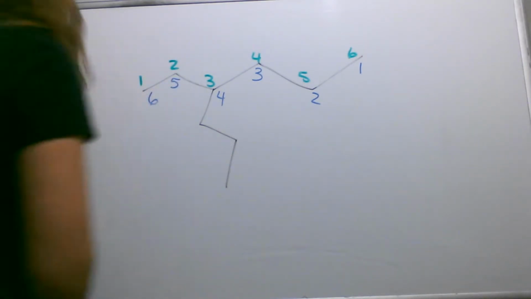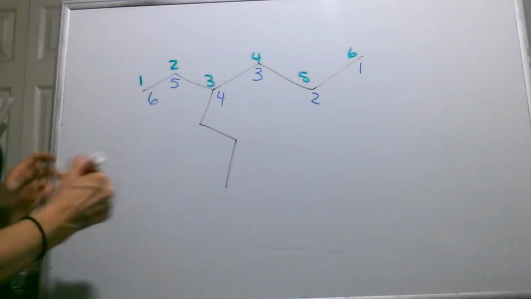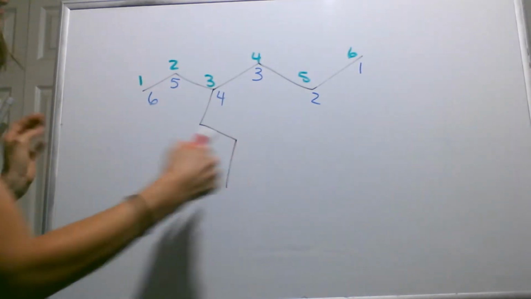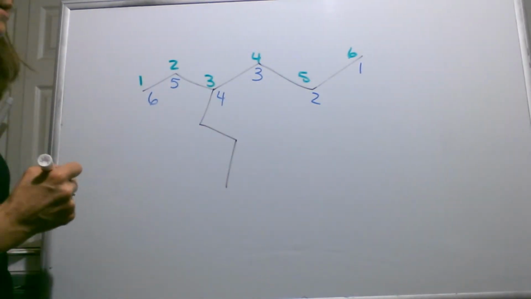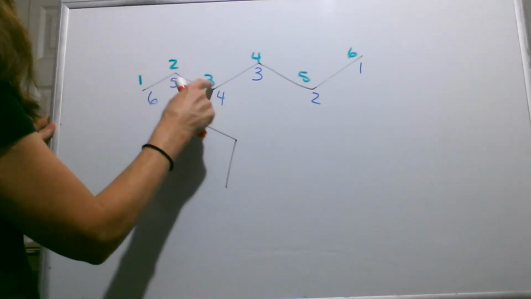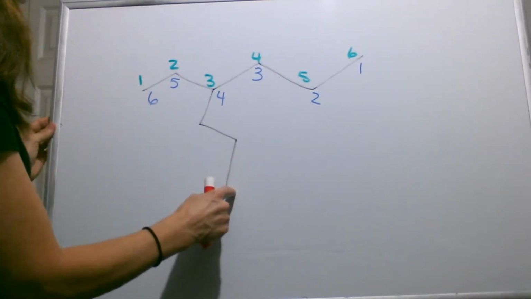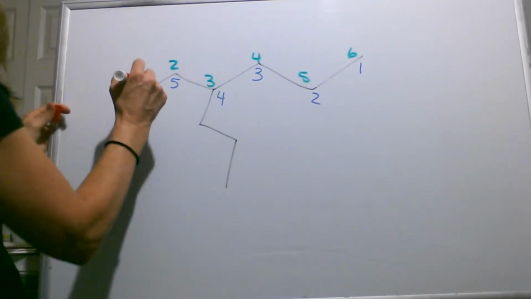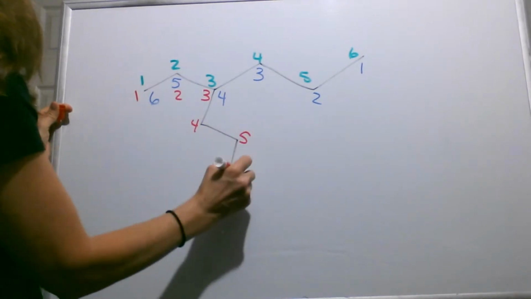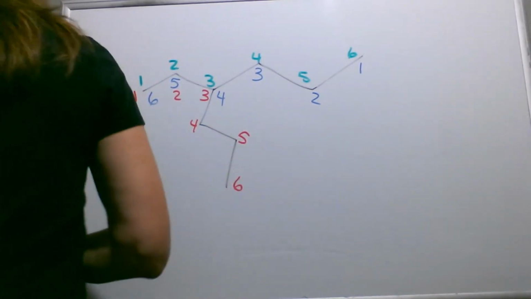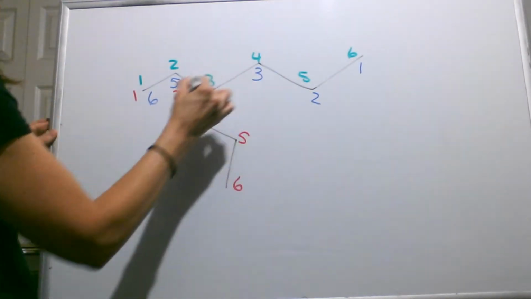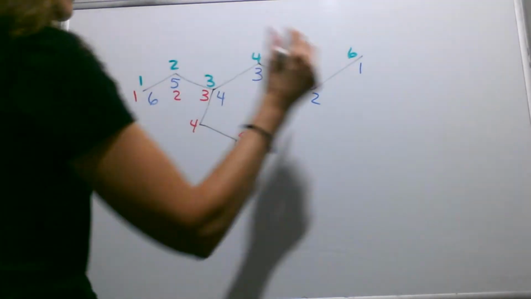But that might not still be the longest path. So we need to see what happens if we go down this path. We might actually end up with a greater number of carbons. So if we start here, we would have 1, 2, 3, 4, 5, 6. Okay, there's another 6. So we'll number that like this. But then it's looking like if we start to number it from the other end and go this way, we're actually going to have a greater number of carbons.